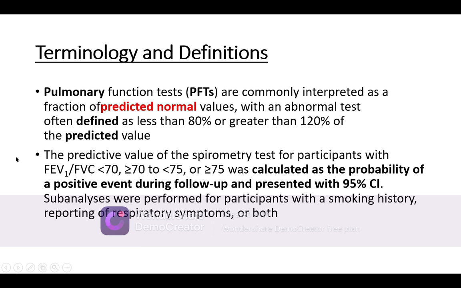First of all, the predicted normal values for the geographical community will be calculated. Then an abnormal test is defined as less than 70% or greater than 110% of predicted.